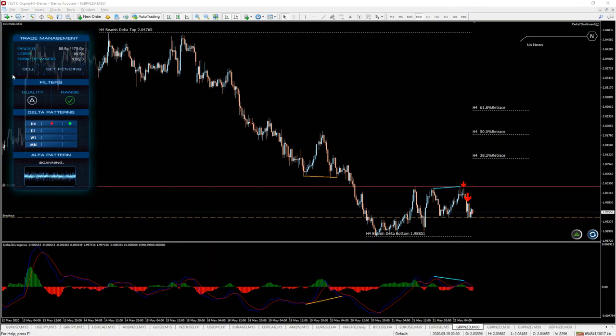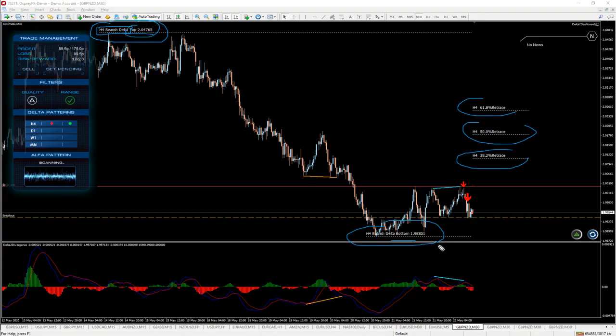We also have, as you can see, the built-in Fibonacci levels, and these levels are based on the delta top and the delta bottom, which is also a new feature. So these lines here and this information is basically going to tell us, okay, on the 4-hour chart we have a bearish delta pattern.